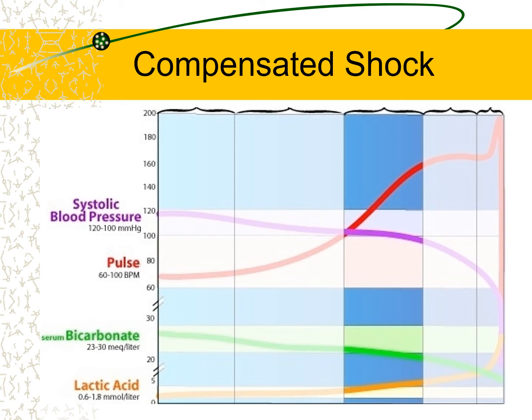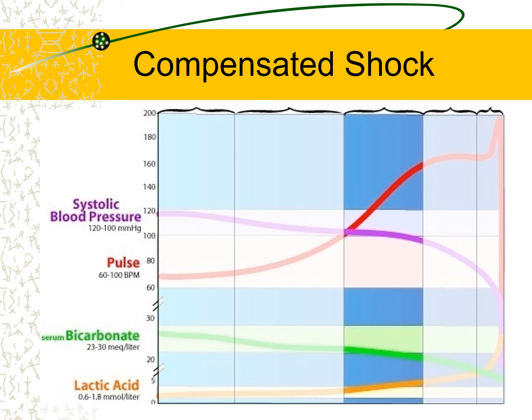It is the blood pressure that we use and monitor for the treatment of these patients. As they progress in the stages of shock, and you follow that purple line, it goes lower and lower. We also, on the left-hand side, have this parameter of pulse or heart rate.